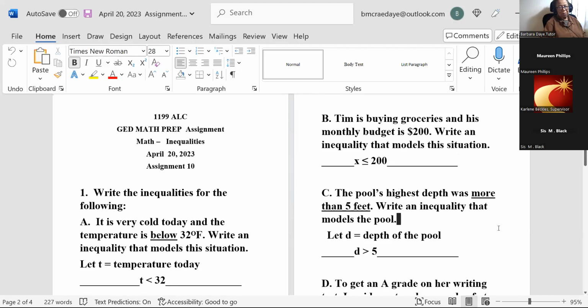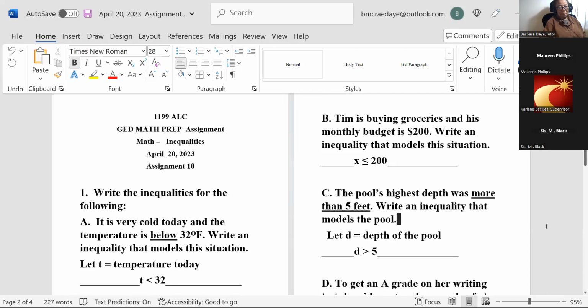What does that mean as an inequality symbol? There are 4 symbols. Which one would more than be? That's right, greater than. More than means greater than. So what Maureen wrote is D, the depth, and she put a greater than symbol and then the 5.